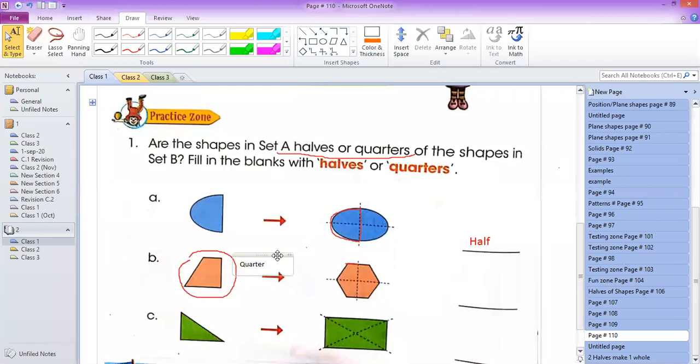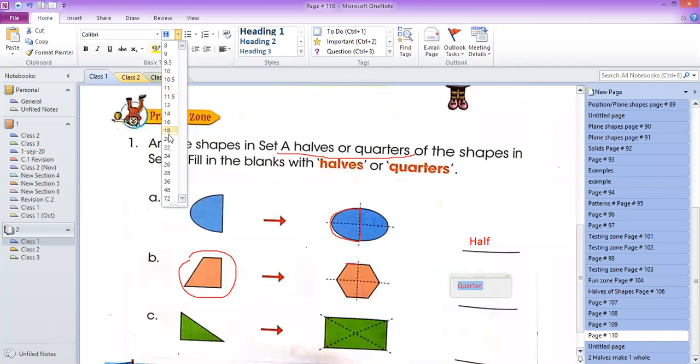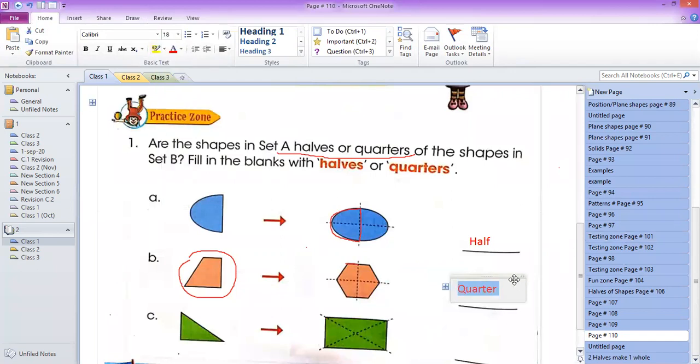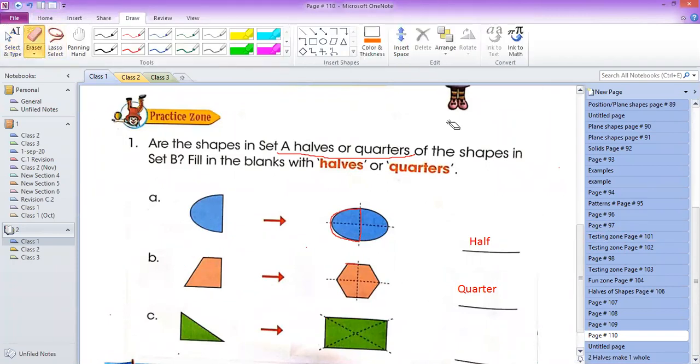Write quarter, guys, here on page number 110. Clear, guys? Why is it quarter? Yes, sir. Very good. Four.